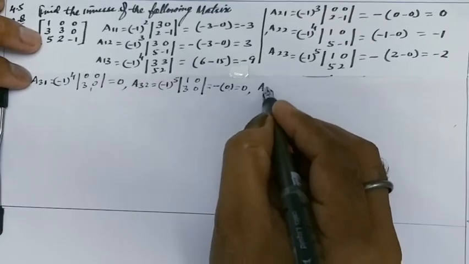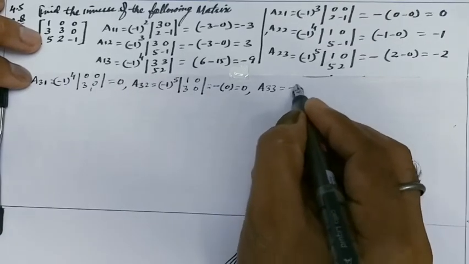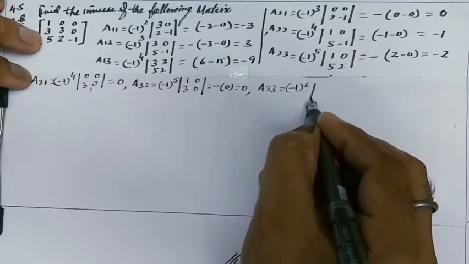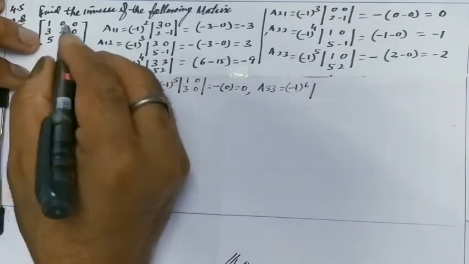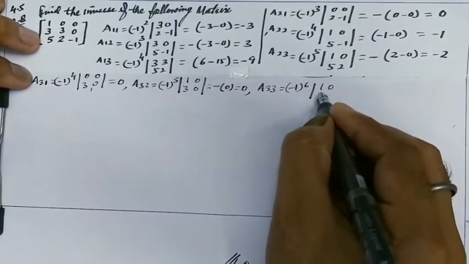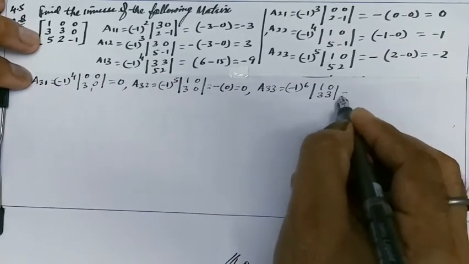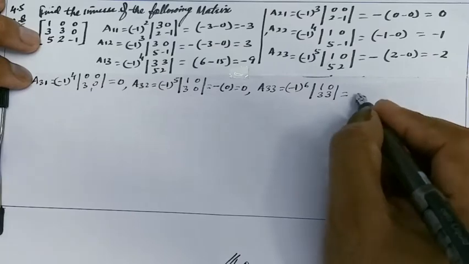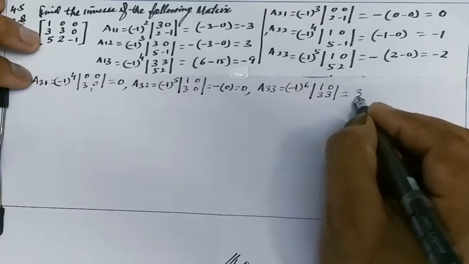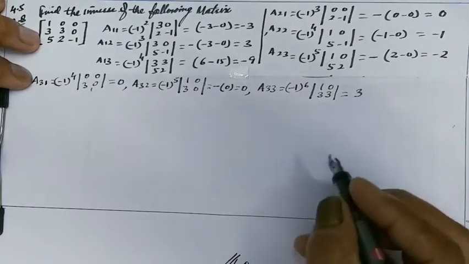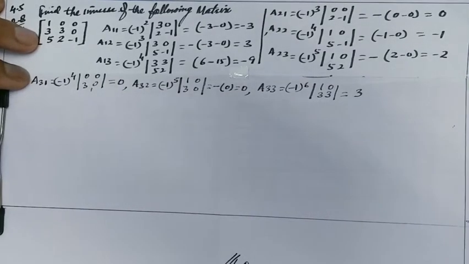And the last one is a33, which is equal to minus 1 to the power 6, and the subdeterminant is 1 0 and 3 3, which is equal to minus 1 to the power 6, plus 1 and 3 into 1, 3.